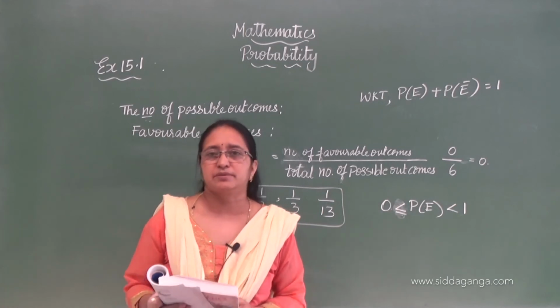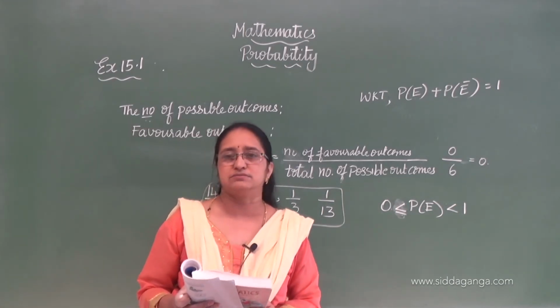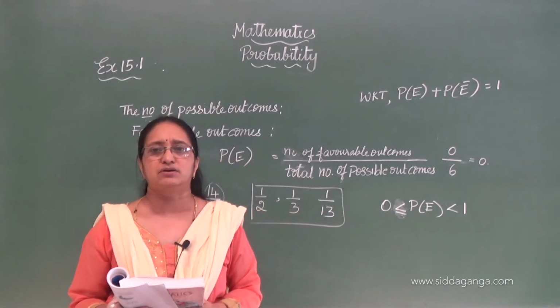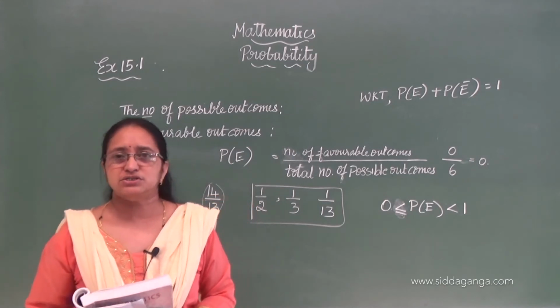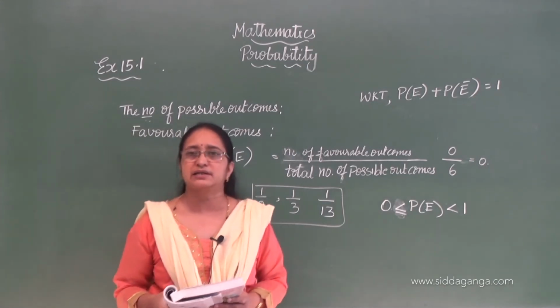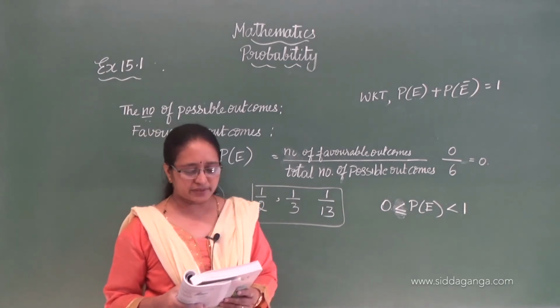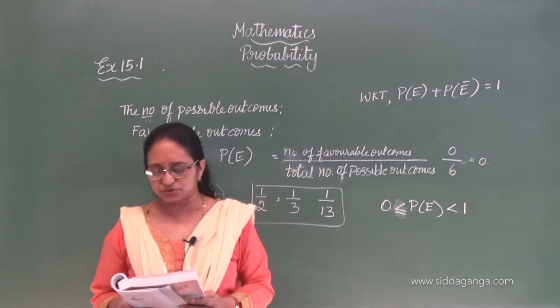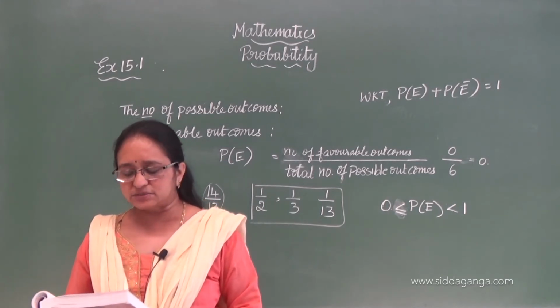Next, second one, which of the following experiments have equally likely outcomes? I had explained in the introduction class what equally likely outcomes are. See here, the options: the trial is made to answer a true or false question, the answer is right or wrong. A baby is born, it is a boy or a girl.